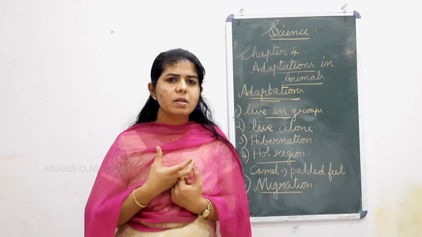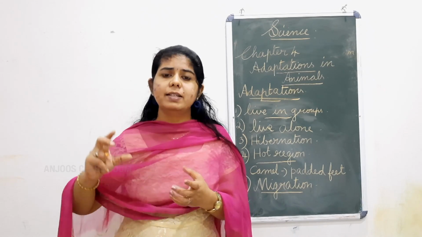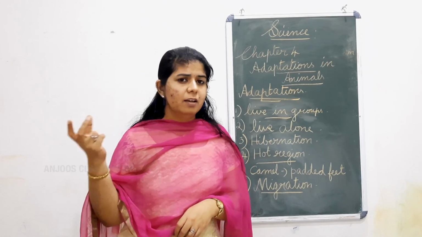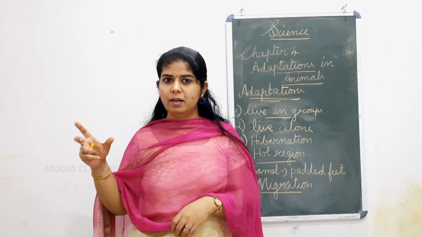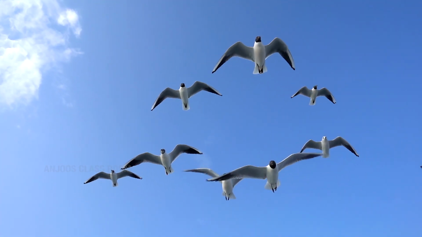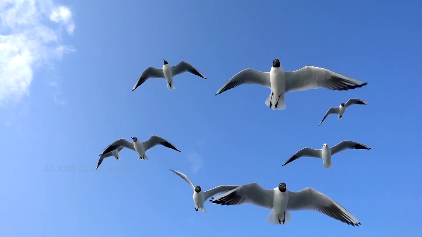So at that time, some of the birds, even the animals also, will move from that area to another country. There is a bird like that, from Siberia. When Siberia is very cold, they will be flying from Siberia to our country.